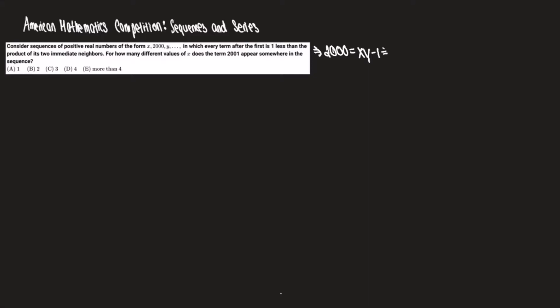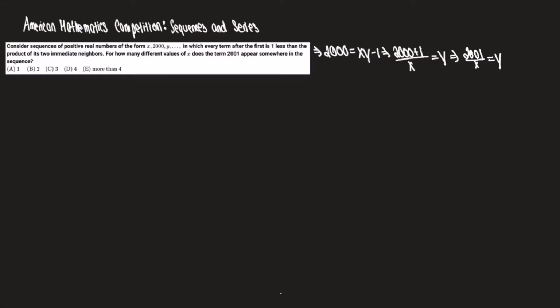So if we solve for y, we get 2000 plus 1 divided by x equals y. And then we get 2001 divided by x equals y.